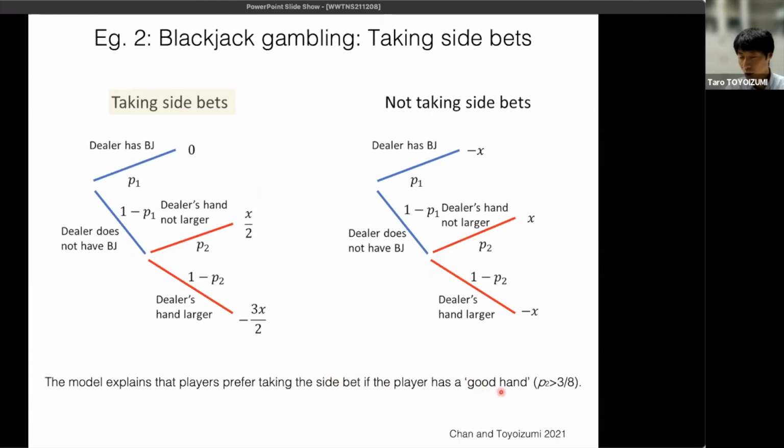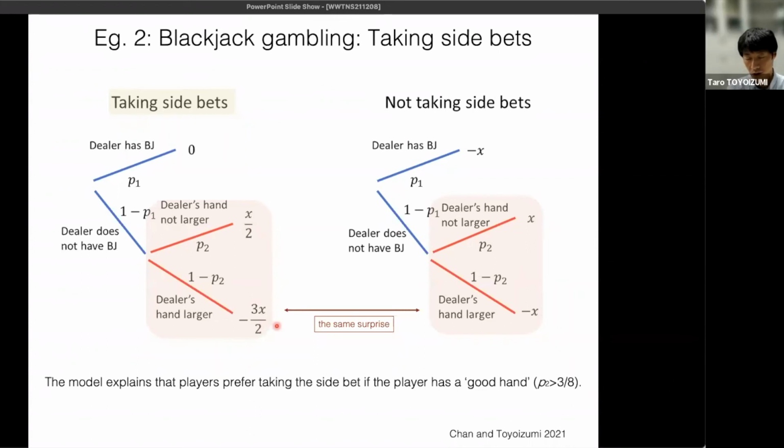So why, if you have a good hand, why do you take insurance? That's the question. And the model answers that by basically computing the value function. But if you just look at this second stage, the second stage has the common structure. And the only difference is that the constant premium amount is subtracted from both outcomes down here.